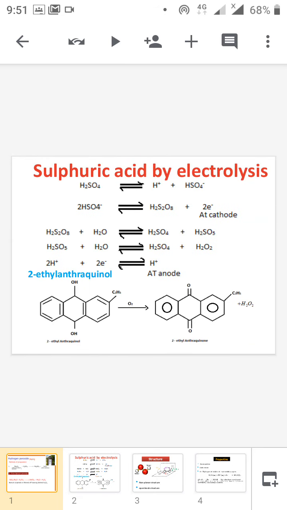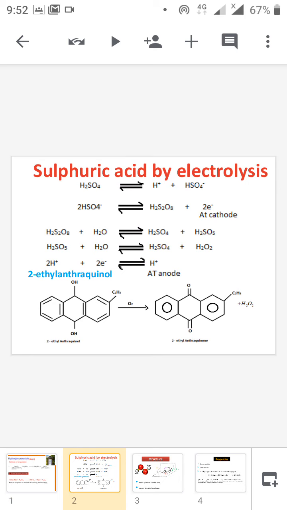Next is the manufacture of hydrogen peroxide. So this is from sulfuric acid by electrolysis. These are the steps.